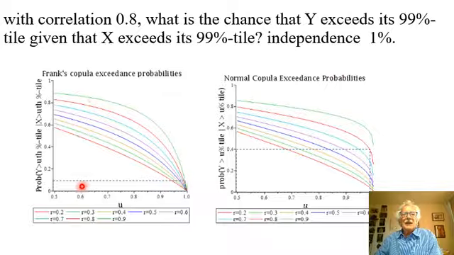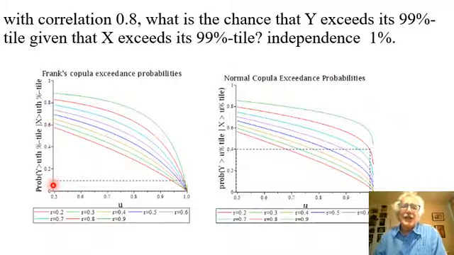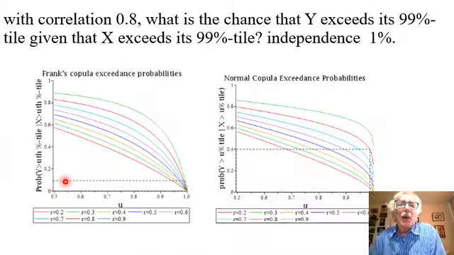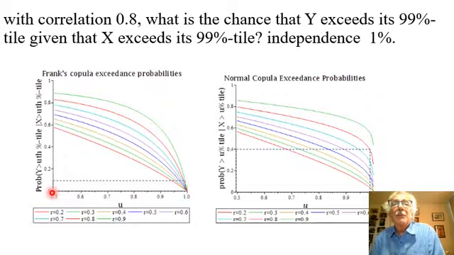And so what I see is the following. If y exceeds its 99th percentile, the probability that x will exceed its 99th percentile is about 0.1. Not 0.01, but 0.1. And it's going down to 0. As this 99 goes to 1, this guy goes to 0.